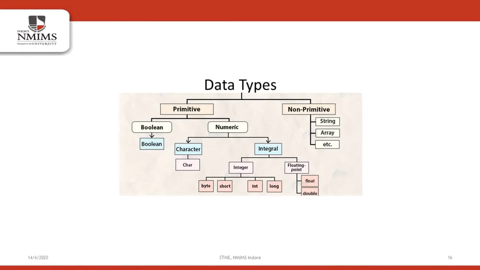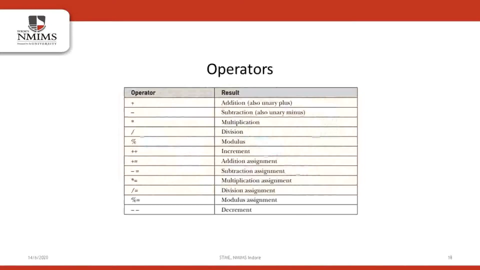They both are used to store decimal numbers, and again they differ in the size and range of values. We won't be discussing much about the non-primitive types, but just for your information, string is used to store words, sentences, multiple characters basically, and arrays are used to store multiple values of the same primitive data type.